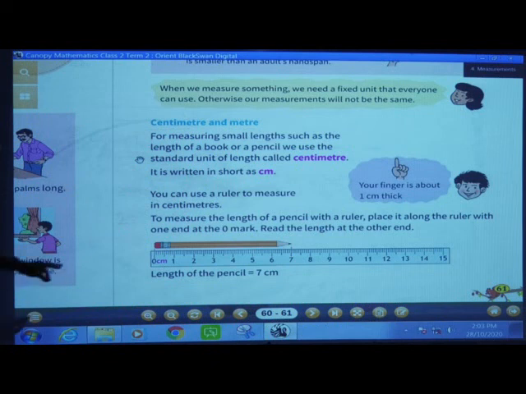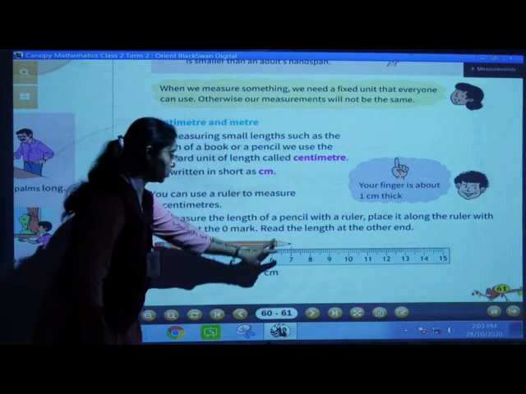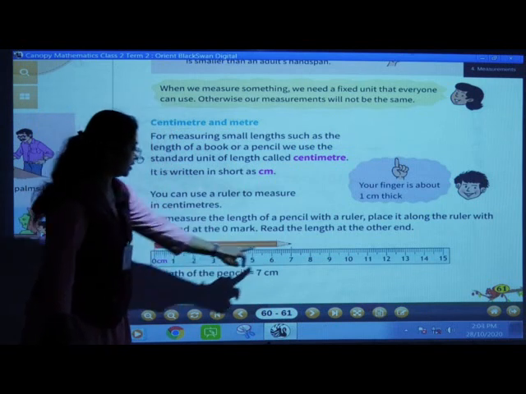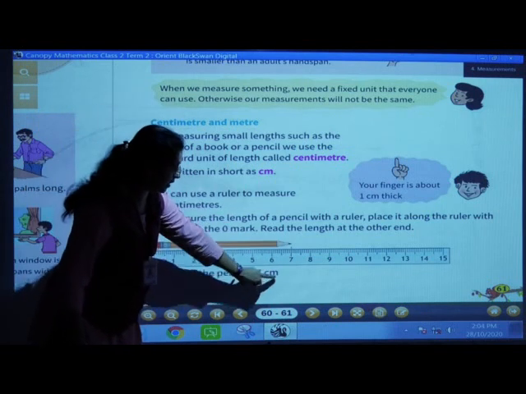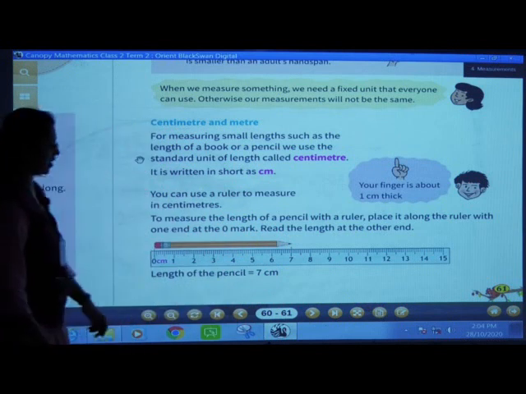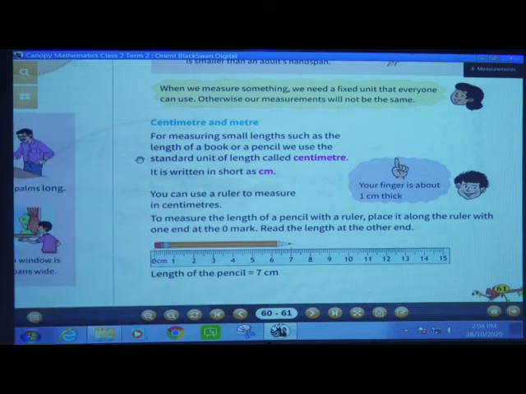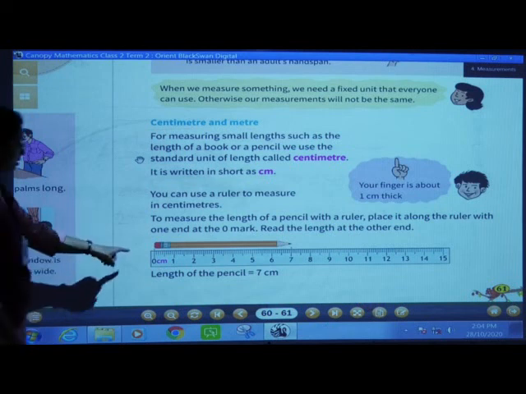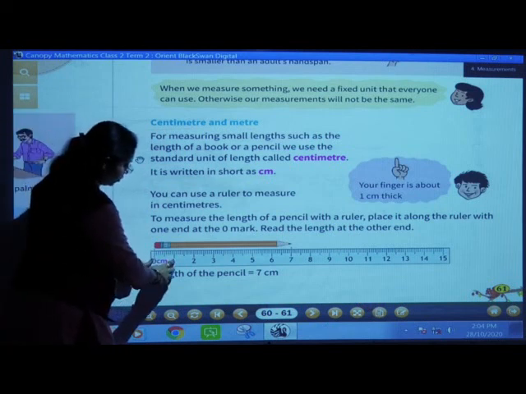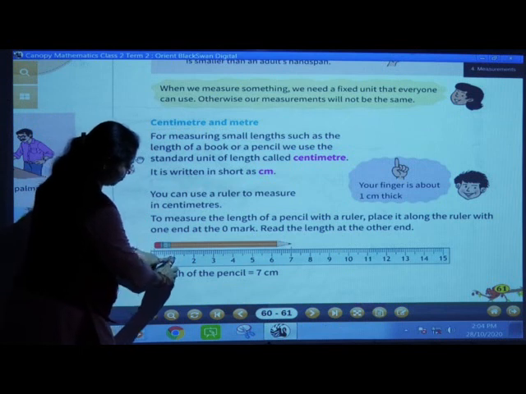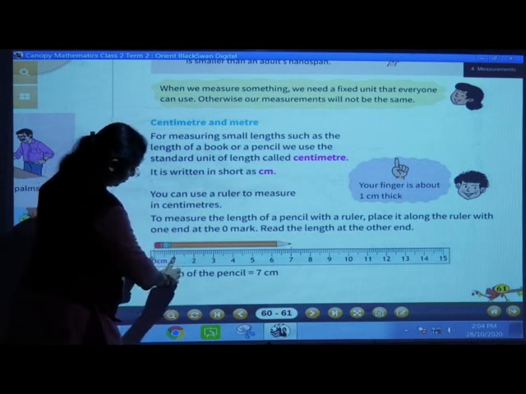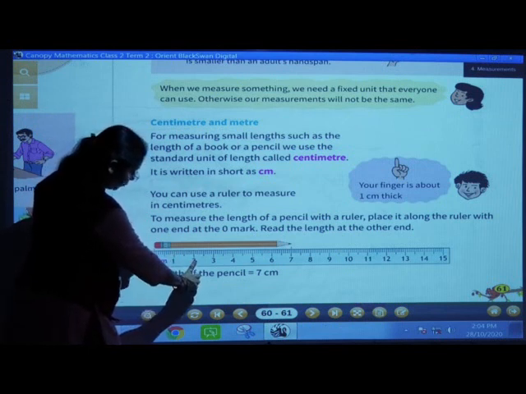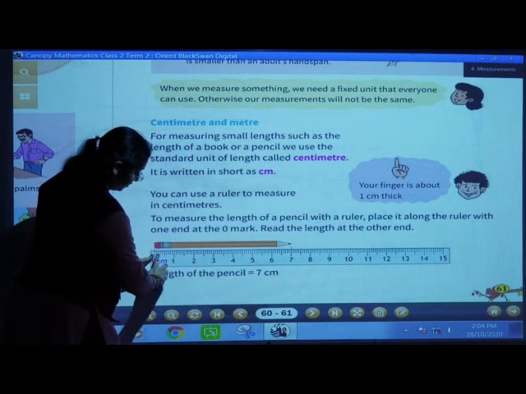Means the length of the pencil is equal to how much? 7 centimeter. See, start from this 0, 0 to 1, 1 centimeter. 1 to 2, 2 centimeter. 2 to 3, 3 centimeter.